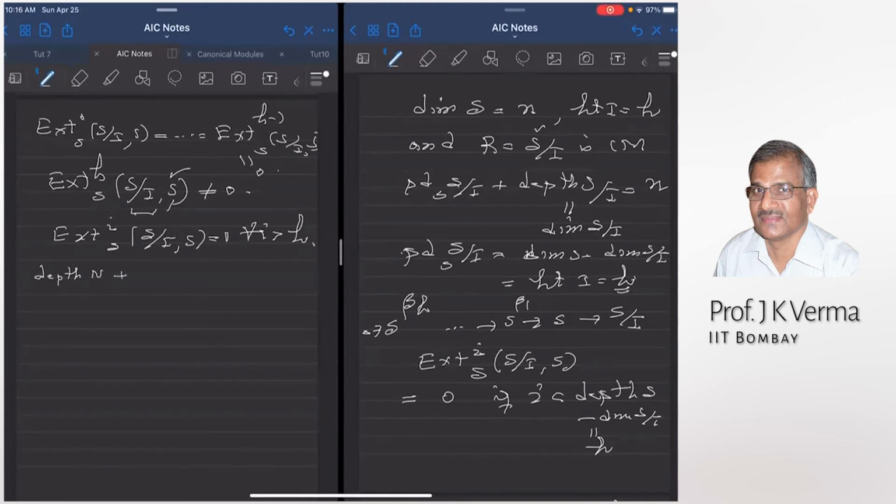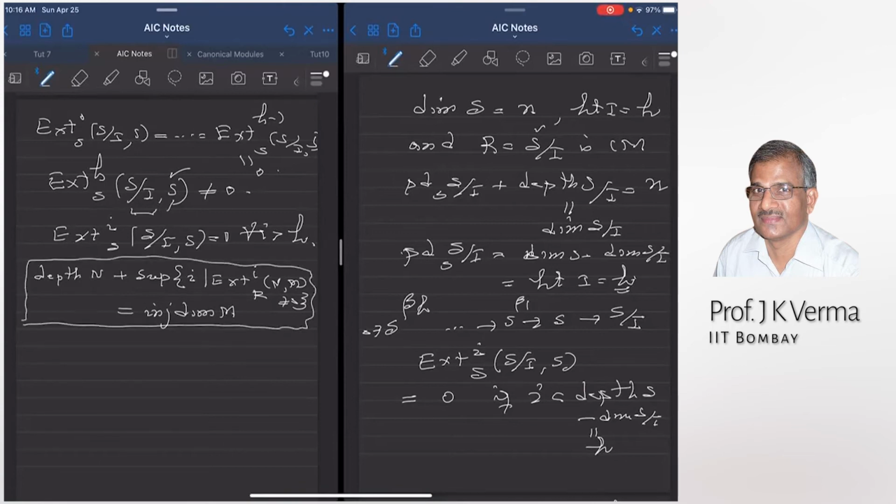Depth of N plus the supremum of i such that Ext^i_R(N, M) is not equal to 0, is equal to the injective dimension of M. Remember this formula? So can you see, using this formula, that Ext^i is 0 beyond H?